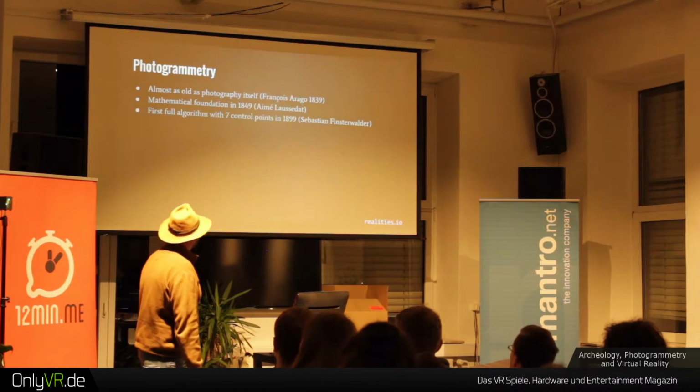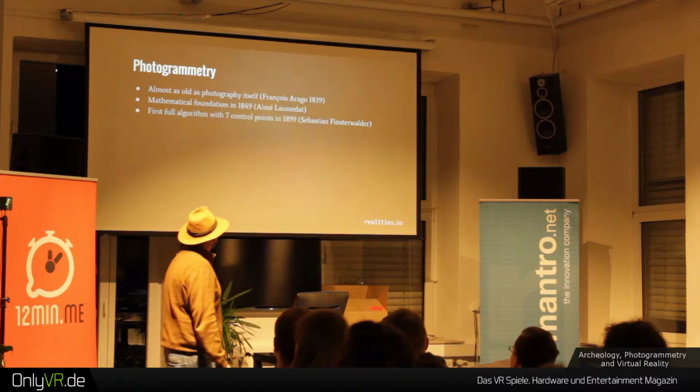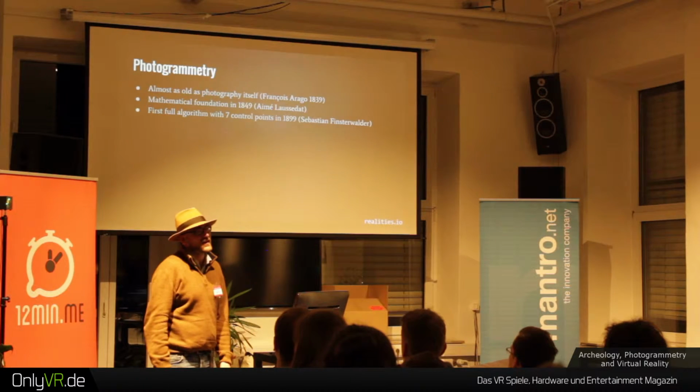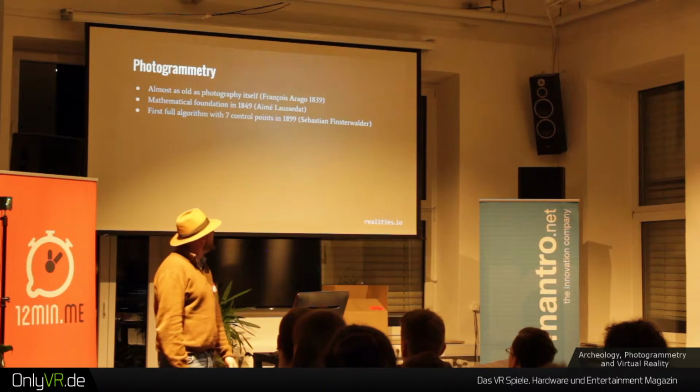But the first full algorithm with 7 control points was in 1899. It was here in Munich, by Sebastian Finsterwalder, a professor at the TU Munich.